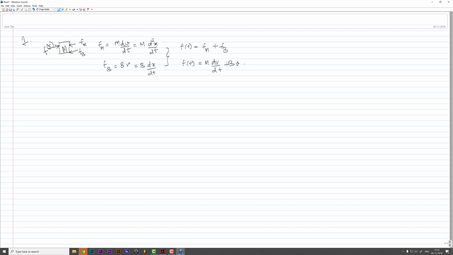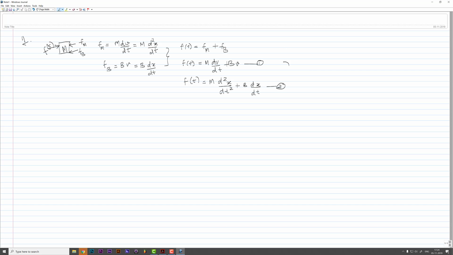Okay, so this is one equation, and the other equation I can write is f of t is equal to m d square x by dt square plus b into dx by dt. So this is the second equation.